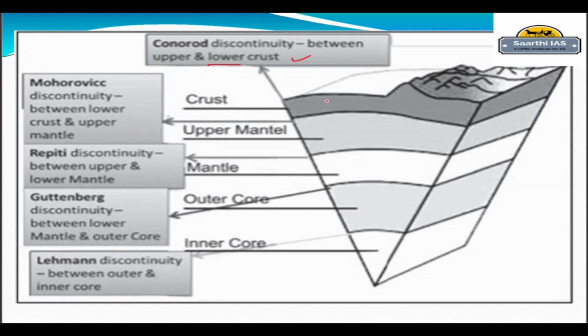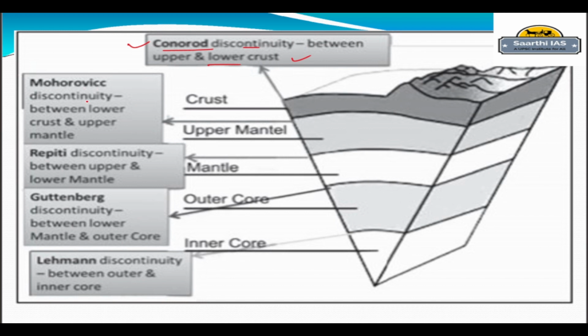Discontinuities are regions where the characteristics of one layer finish and another layer starts, and in this way discontinuities are named on the basis of the geologist's name. That's the Conrad discontinuity between the upper and the lower crust.